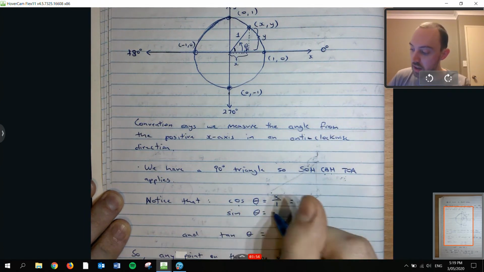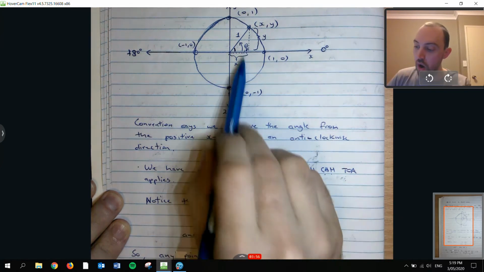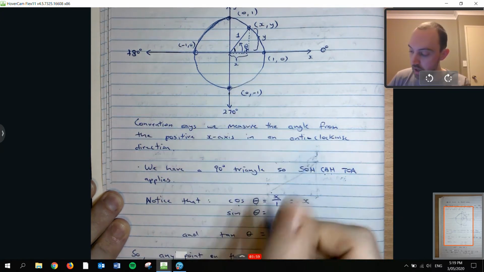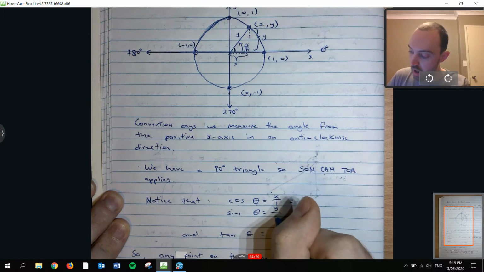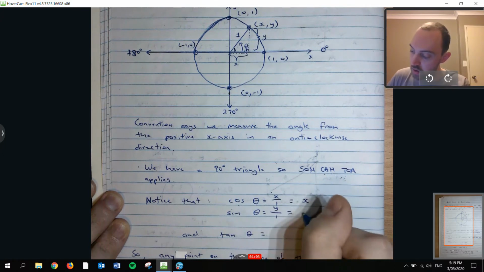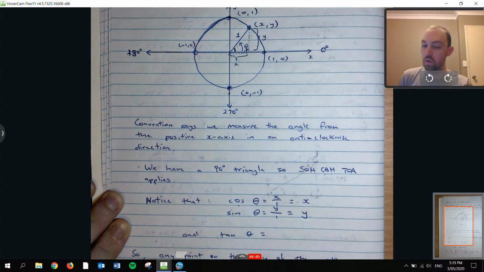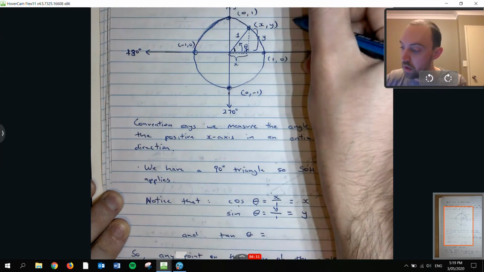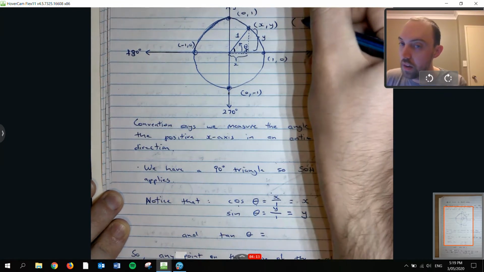And sine, similar idea, opposite to that angle is y, and over 1 is the hypotenuse. So your sine and cosine are simply the x and the y coordinates of this point up here.